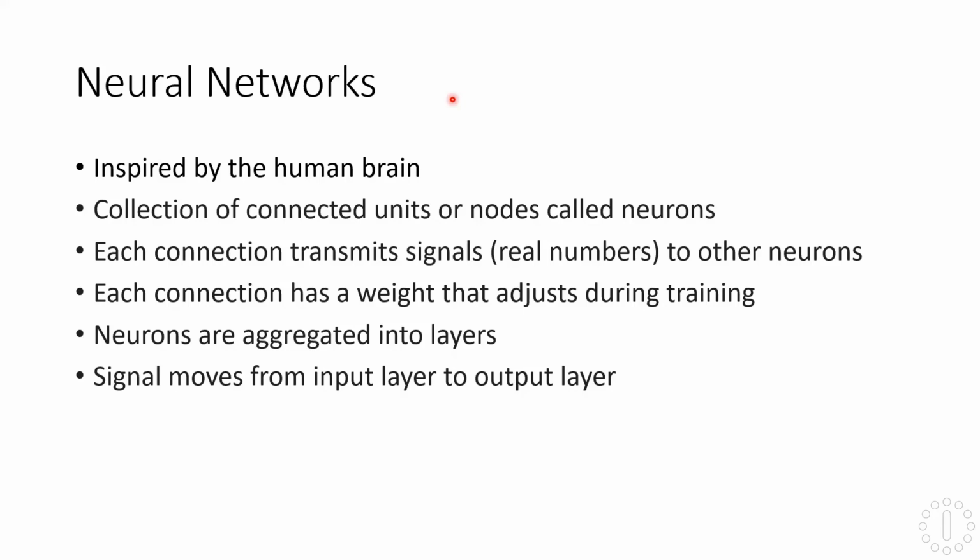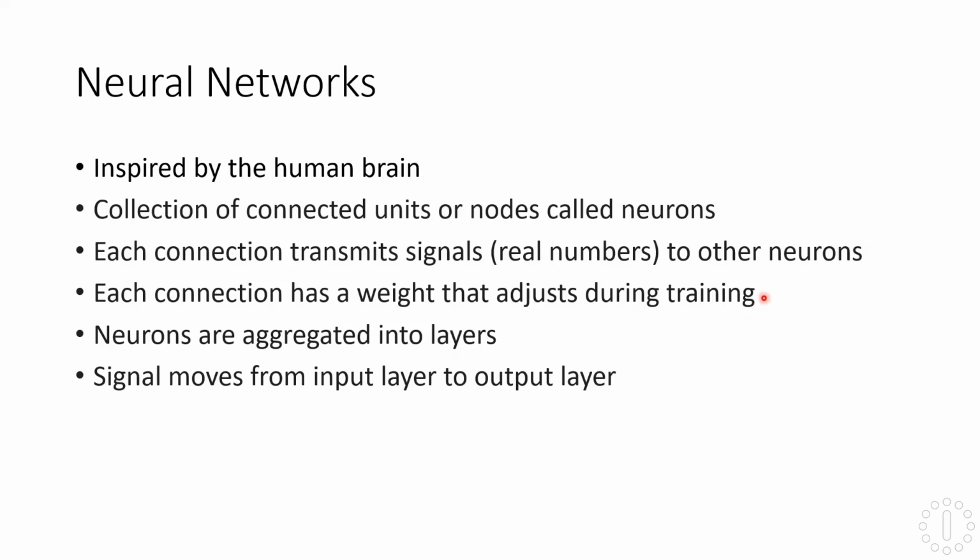These neurons are connected to other neurons, and they send signals to each other. So each neuron can send some signal, which is a real number, to another neuron, and then this neuron transforms the signal that it receives and then sends it out to the next neurons.